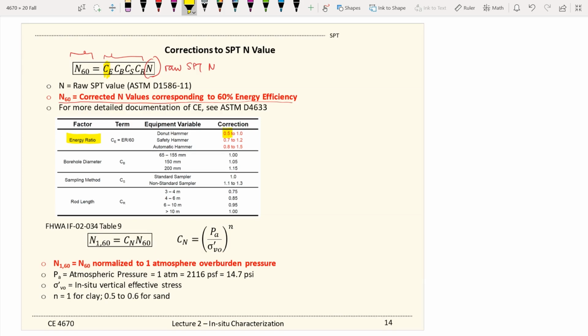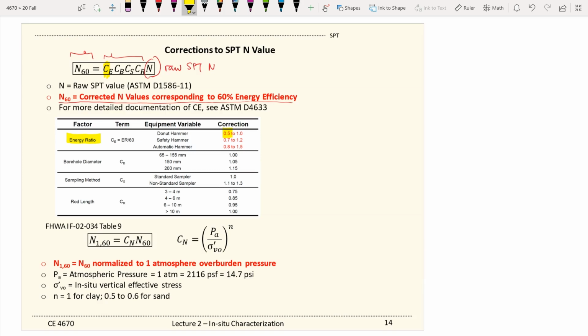If you become an engineer, you need to make a call. When you're practicing geotech, you need to make the call: should you use 0.5 or should you use 1.0? You need to make that judgment, and the more information you have, the better it helps you.